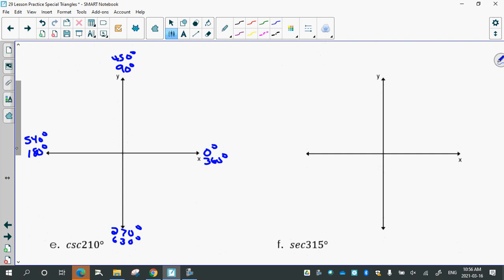Is it closer to the x or to the y? Closer to the x, good, because it's 600, and you only have to get 30 degrees to get to 630. Okay, so if I'm drawing the angle, I'm going to go around 1 time, and then to the terminal arm. There's my angle.